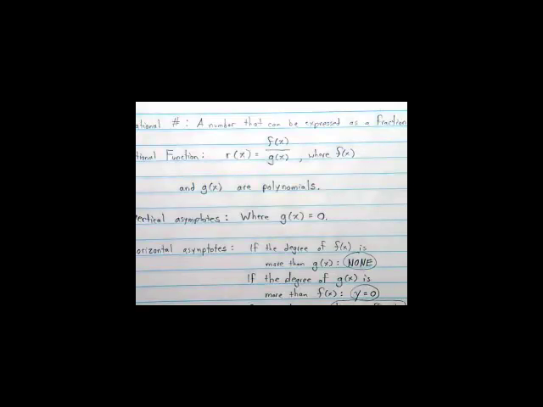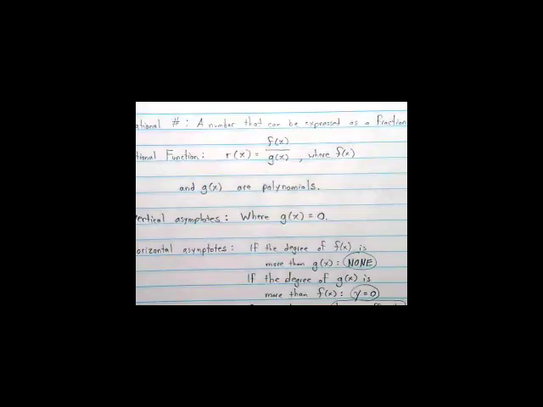Well, if I've got f of x over g of x equal to 0, does it make sense that really the only thing we have to look at is where f of x is equal to 0? Because what's 0 divided by anything? 0. So if I want this entire function to equal 0, as long as I can find places where f of x is equal to 0, I've done that.